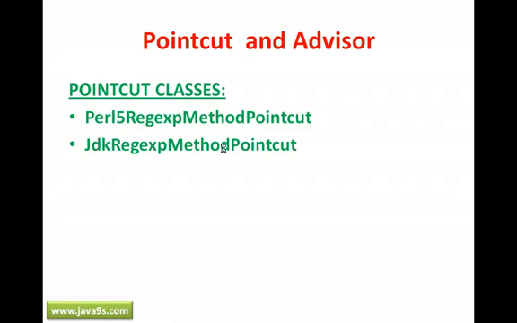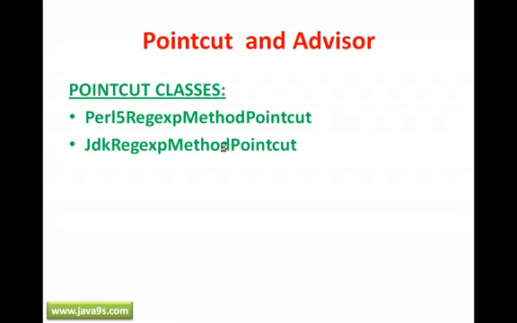And if you use the JDK regex method pointcut advisor with the older versions of JDK 1.4, then it falls back to the Perl 5 regex method pointcut; it uses it in the background.